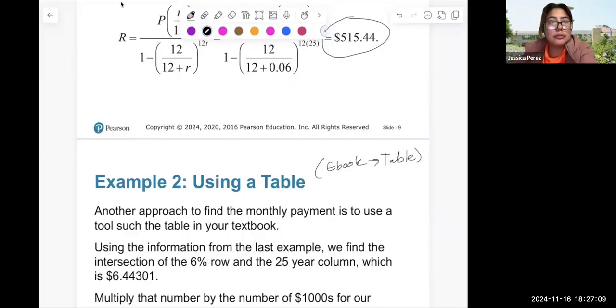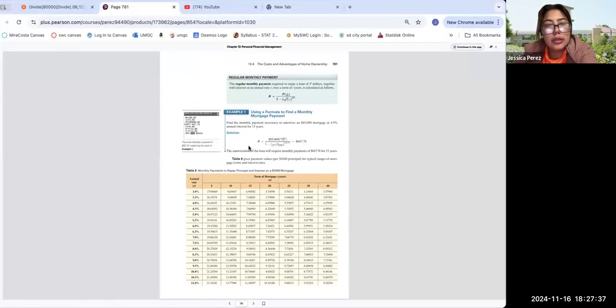There's your textbook and there's the value.